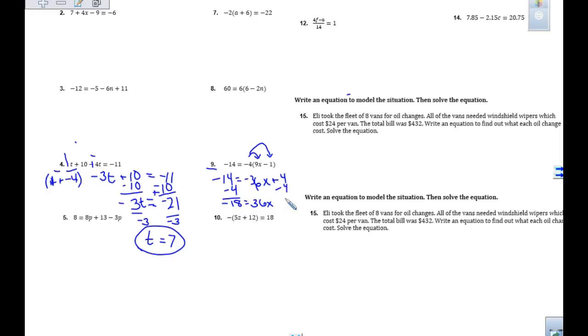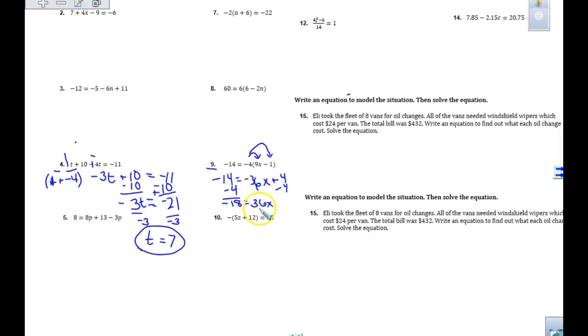What is the coefficient of x? It is 36. When we are trying to solve an equation, you must identify the coefficient because that is what we have to divide by.